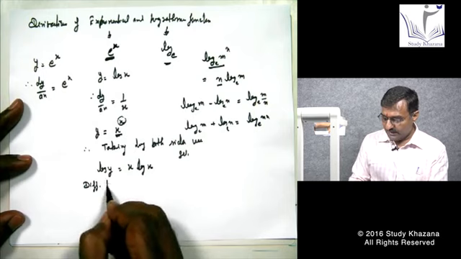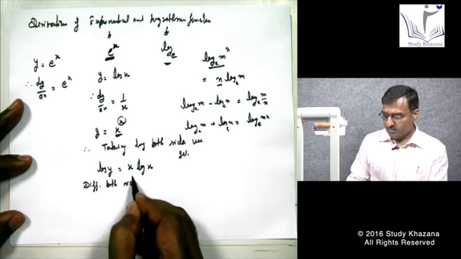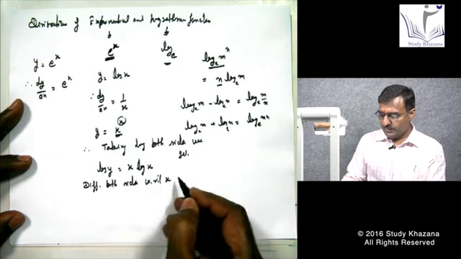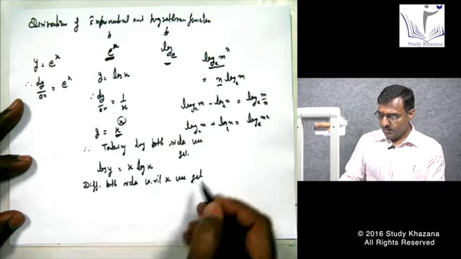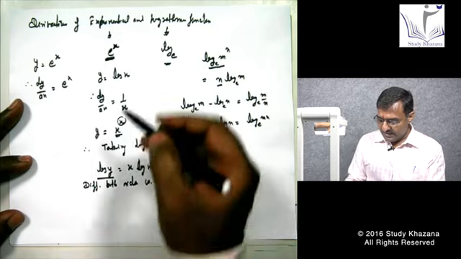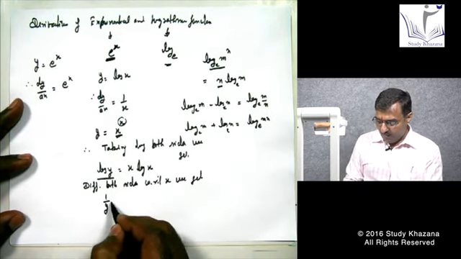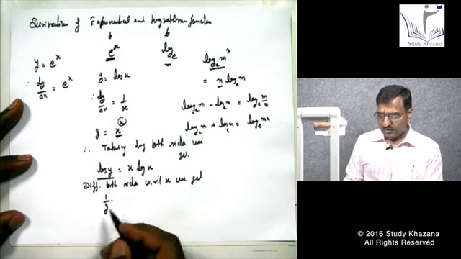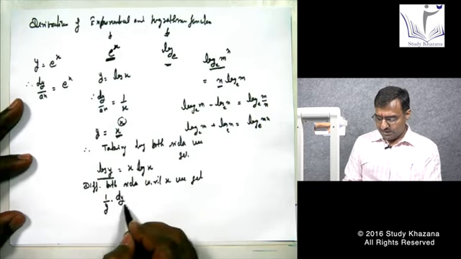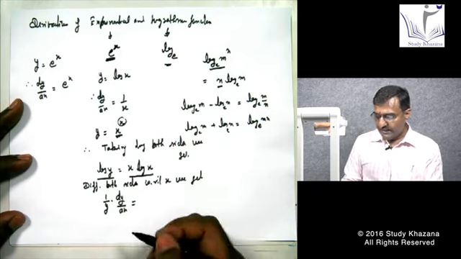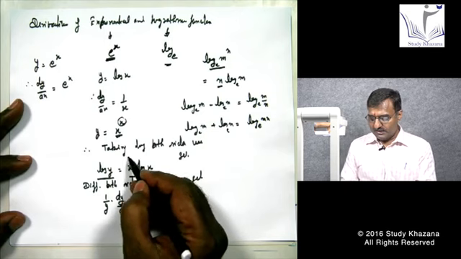Now differentiating both sides with respect to x, we get, now what is the differentiation of log? It is 1 by x, so here it is y, so I will write 1 by y. Now the differentiation of y with respect to x, so I will write dy by dx. Now here I will use the uv rule because there are two functions.